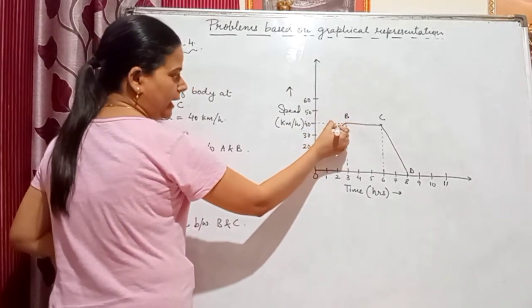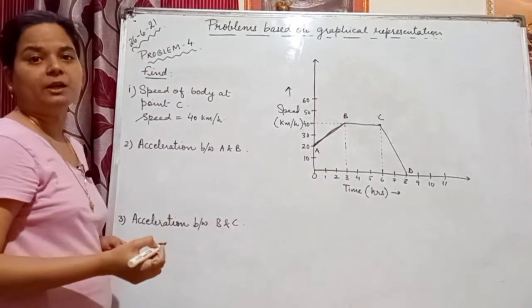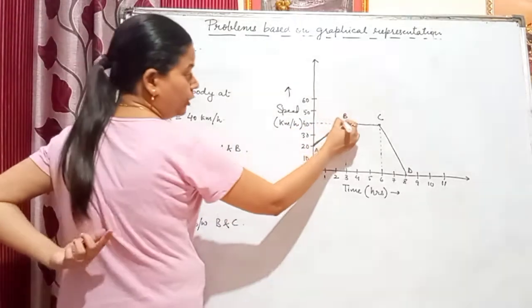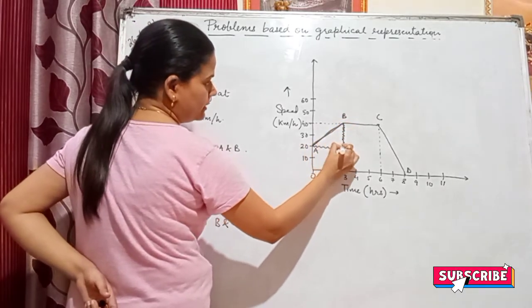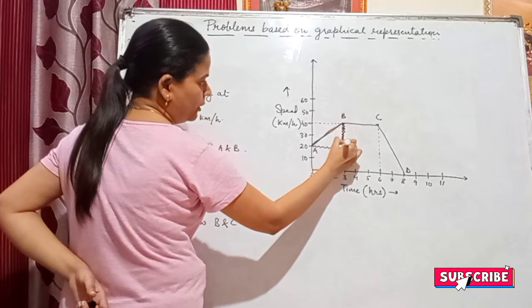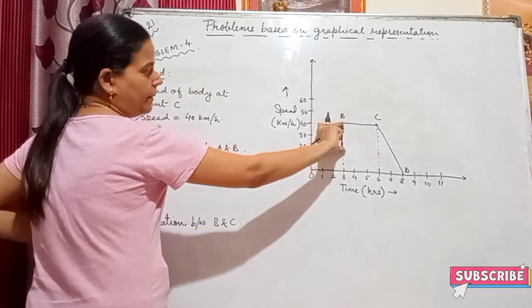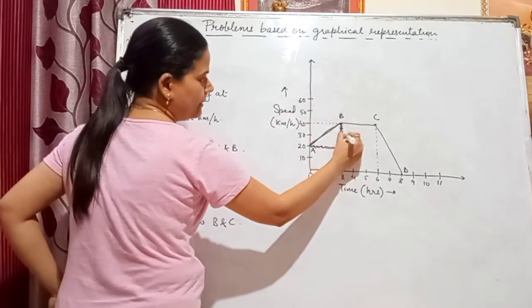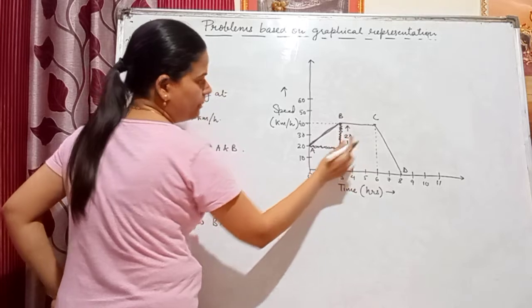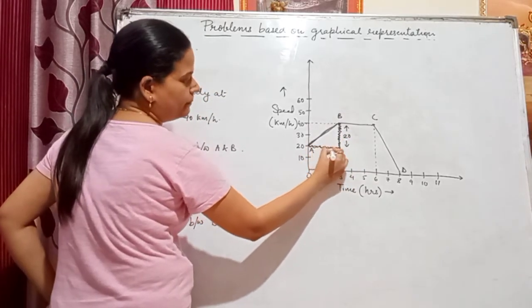Now acceleration between A and B. We all know that acceleration can be calculated by the slope of the graph. In order to find the slope, we need the measurement of this perpendicular and this base. The measurement of the perpendicular is between 20 and 40, so that is 20. The measurement of the base is 0 to 3, so that is 3.